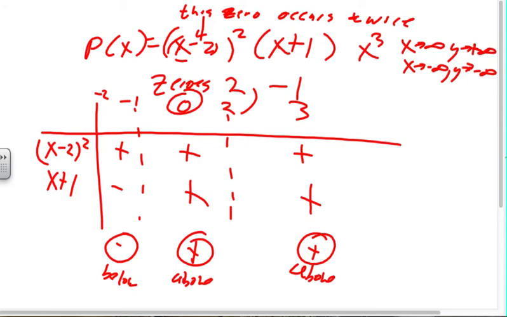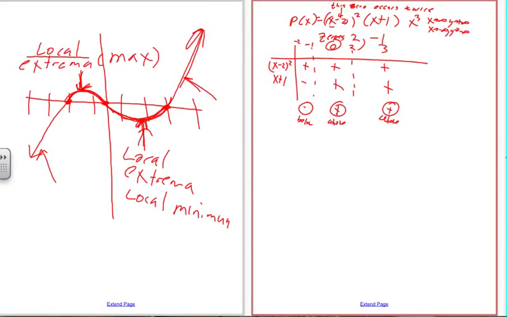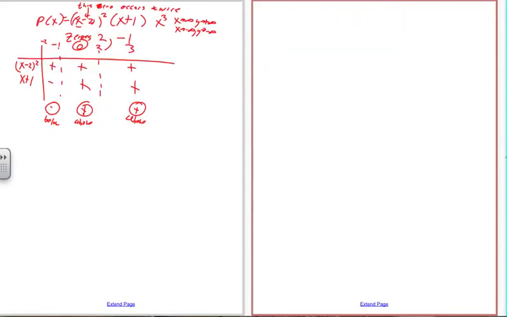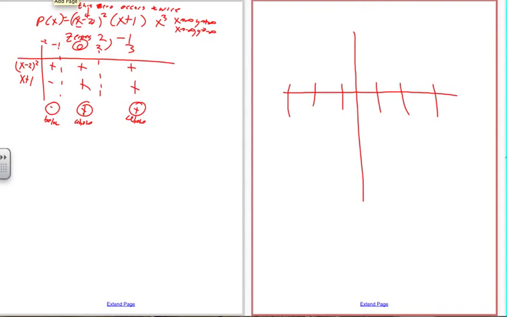So at this point now, we've got our zeros and we've got our end behavior, so we can start sketching my graph. Okay, so I've got zeros of negative 1 and 2.